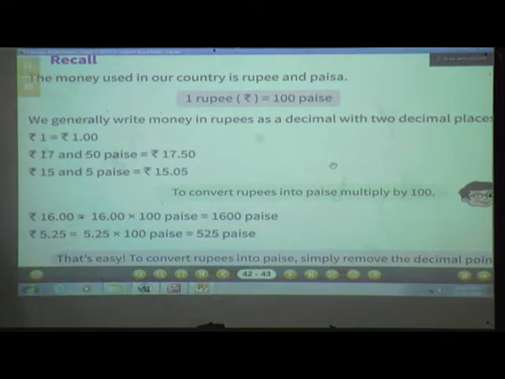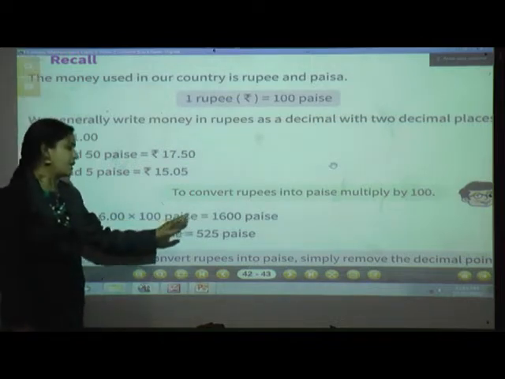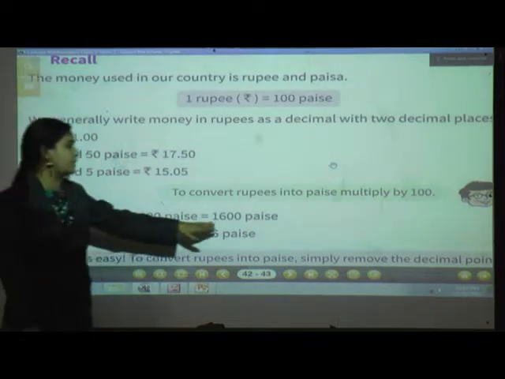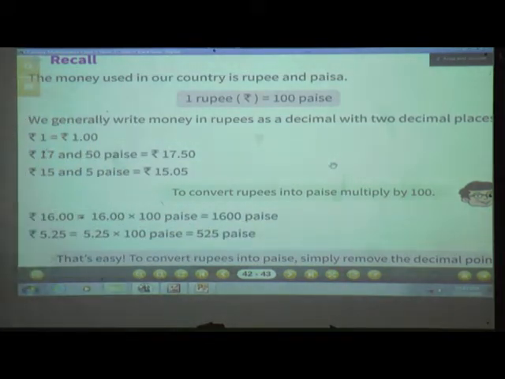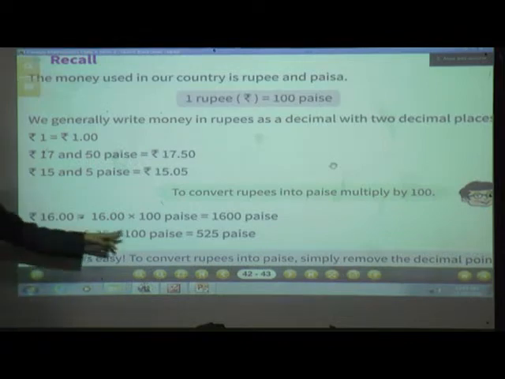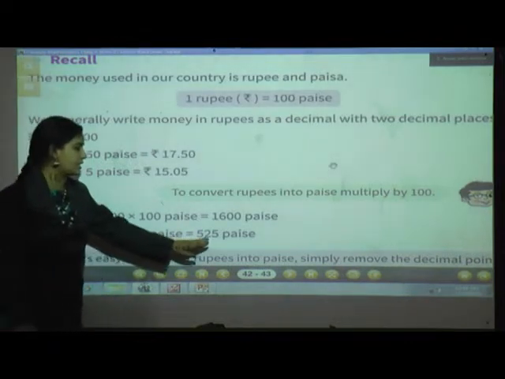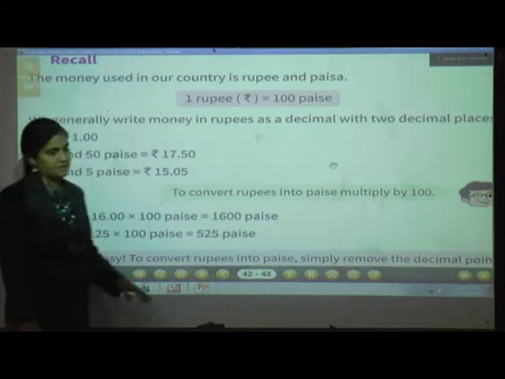Okay, always remember that. Now to convert rupees into paise, multiply by 100. Here rupees 16.00. If you multiply it by 100, you will get 1600 paise. Here also a second example, rupees 5.25. Multiply it by 100, you will get the answer 525 paise.